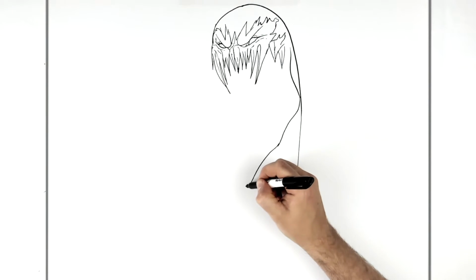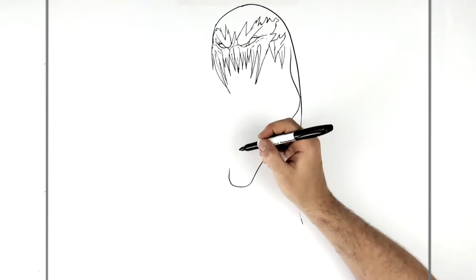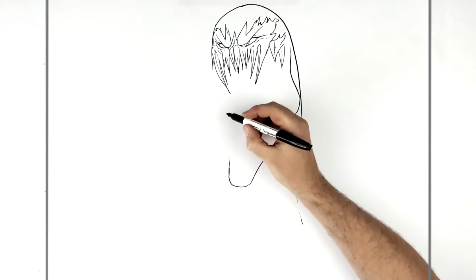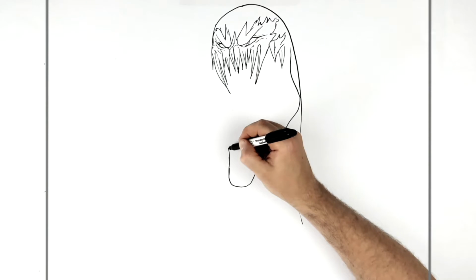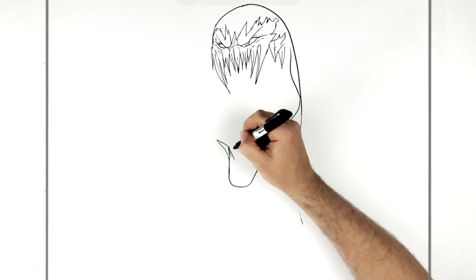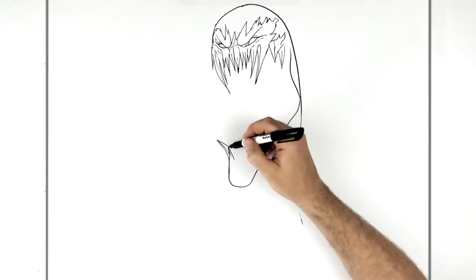So the chin then comes out around here and up. And we've got all these teeth again. Like here.